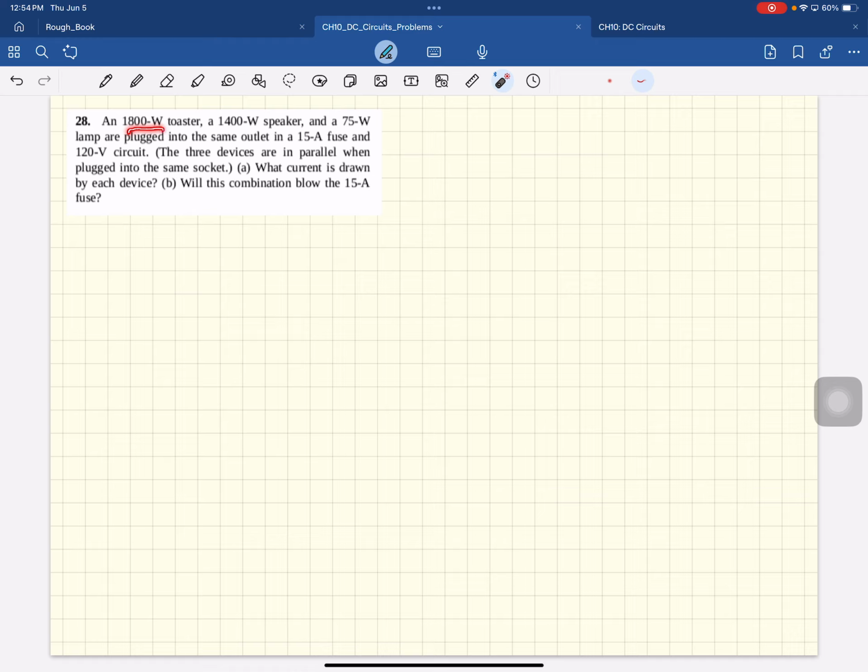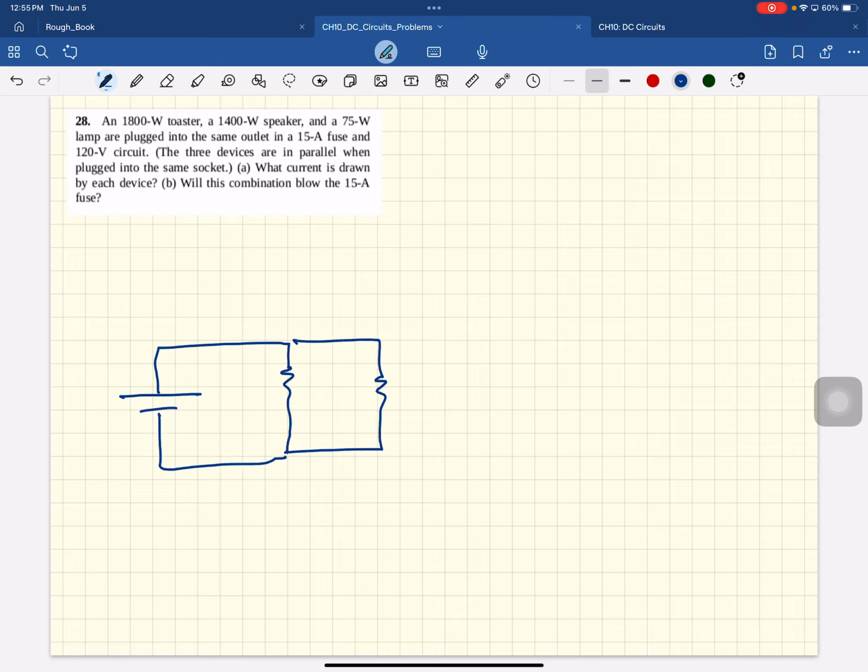An 1800 watt toaster, a 1400 watt speaker, and a 75 watt lamp are plugged to the same outlet in a 15 amp fuse and 120 volt circuit. So even though this is AC, we're going to do it as a DC.